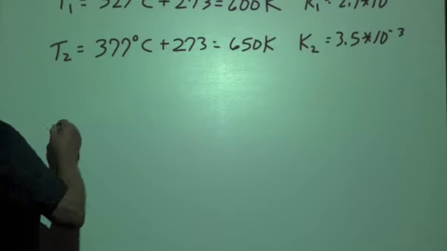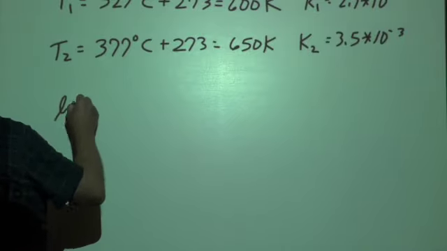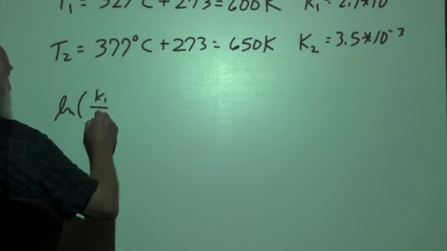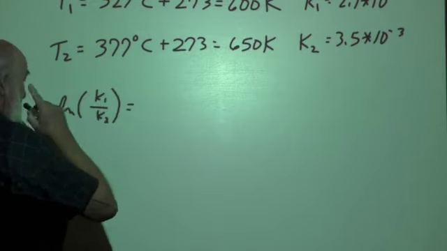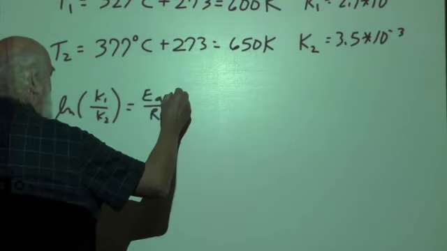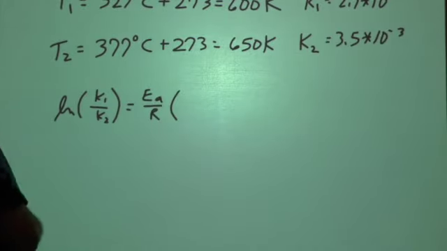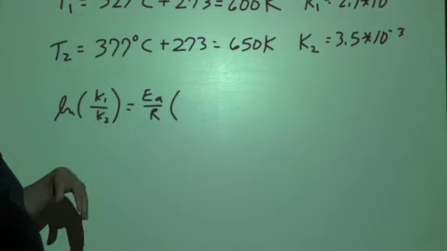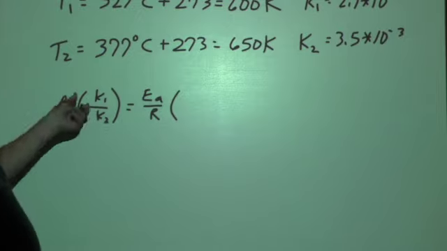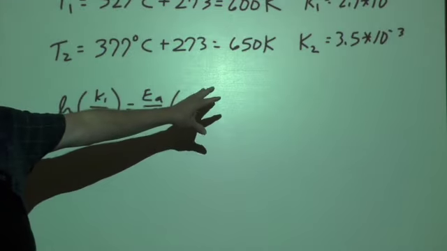we write down the formula: natural log of K1 over K2 equals EA over R times... now notice here, this goes in order 1, 2. This is why I was able to catch my mistake so quickly, because when you come over here, the numbers in order switch.